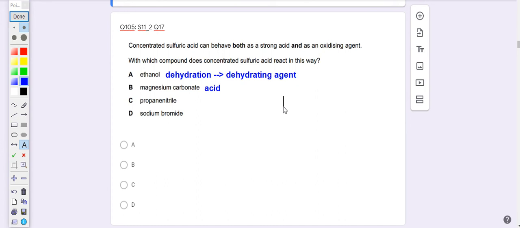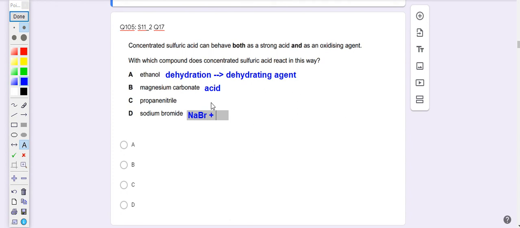Then the last one, we have sodium bromide. Now this is from chapter 12, group 17, halogens. When sodium bromide reacts with concentrated sulfuric acid, what will happen is there will be a first and second step.